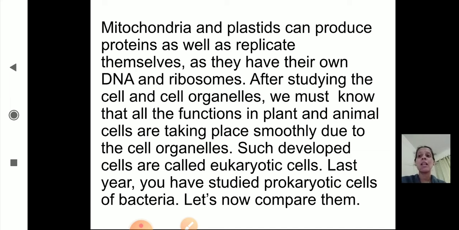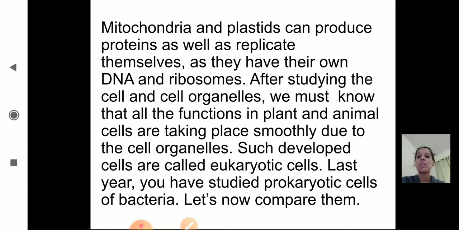After studying the cell and cell organelles, we must know that all the functions and processes in plant and animal cells run smoothly due to the cell organelles. Such developed cells are called eukaryotic cells.